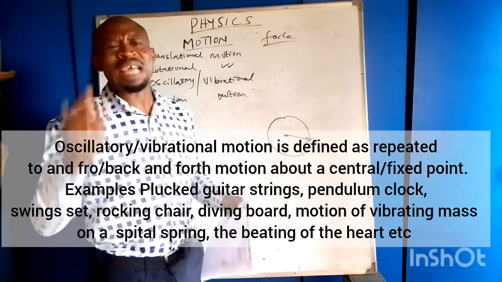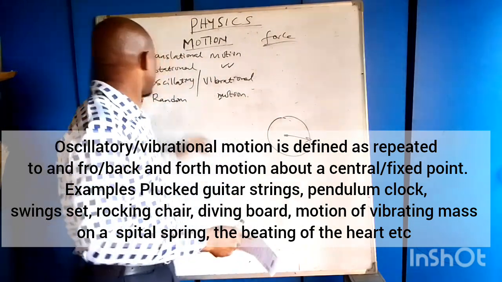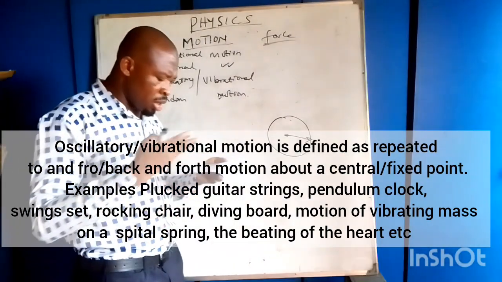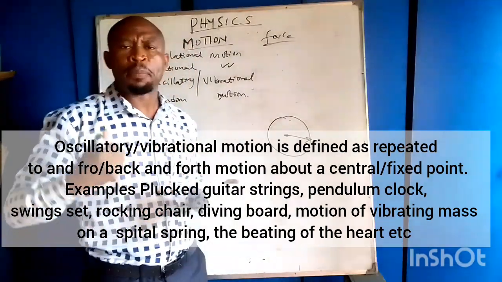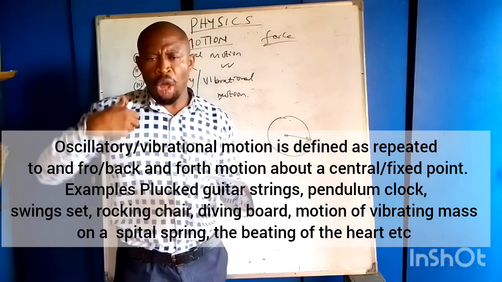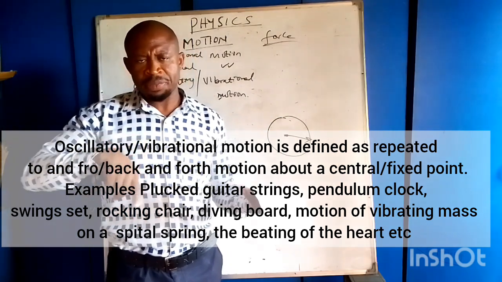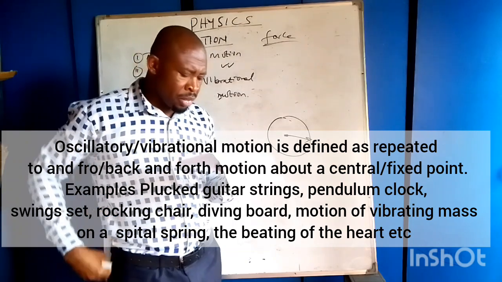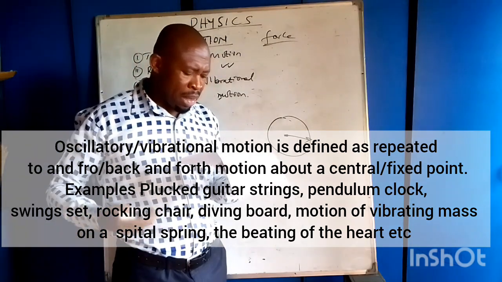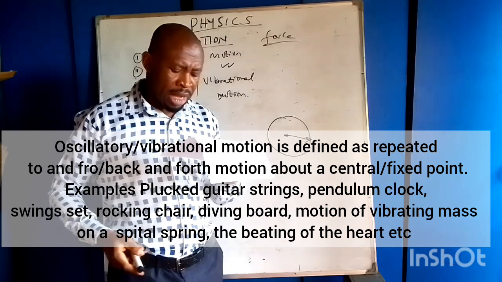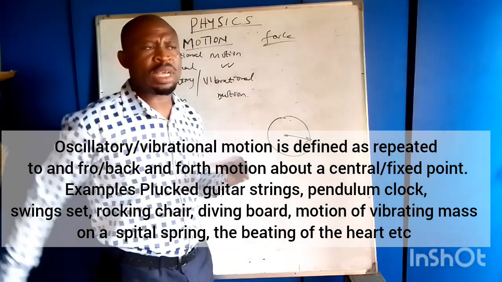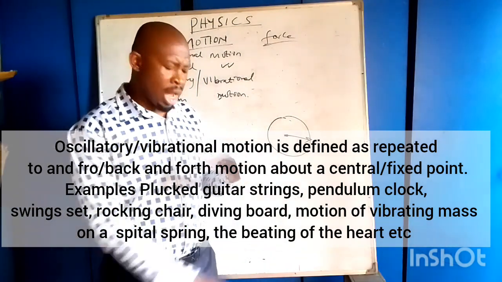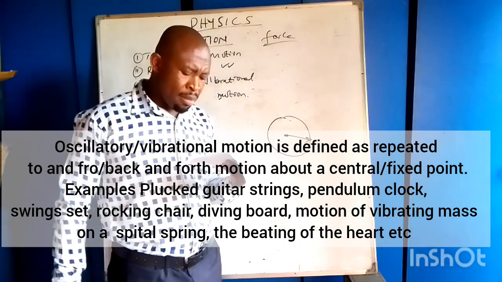Now, there are other examples of oscillatory motion. Let me read it here. A plucked guitar: the moment you pluck a guitar string, it vibrates up and down. We have, like I said, the pendulum clock. We have the swing sets, which undergo oscillatory motion.